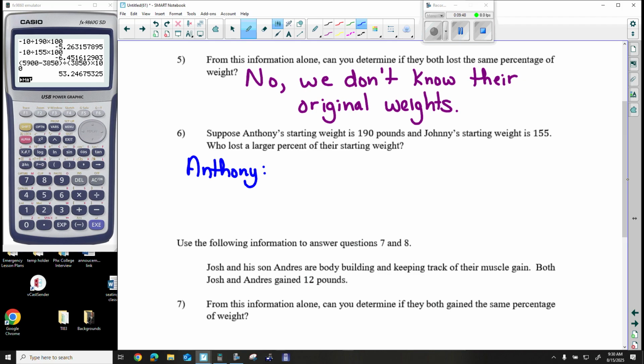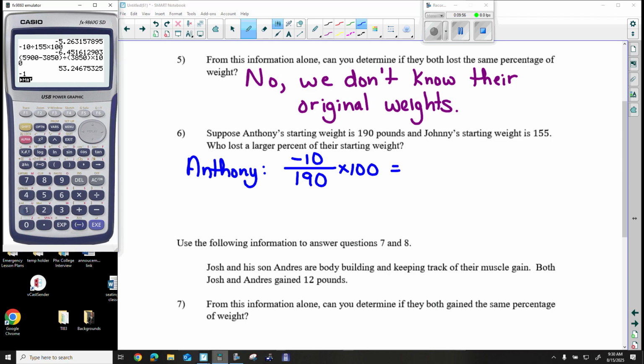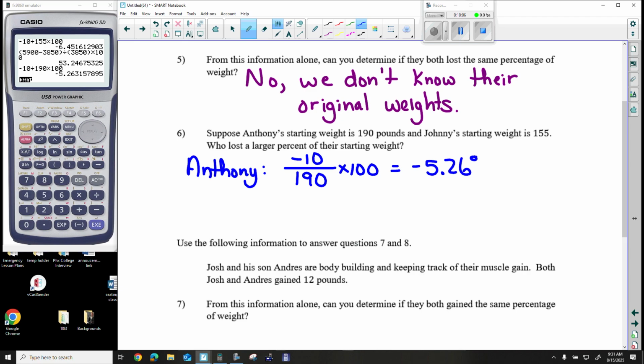So here we go. So Anthony lost 10 pounds in comparison to his original 190. All right, so that's Anthony. Now I repeat this exact same process with Johnny.